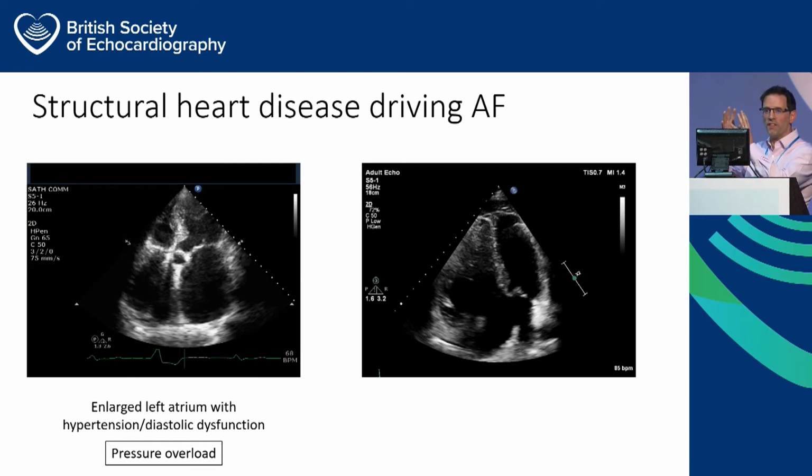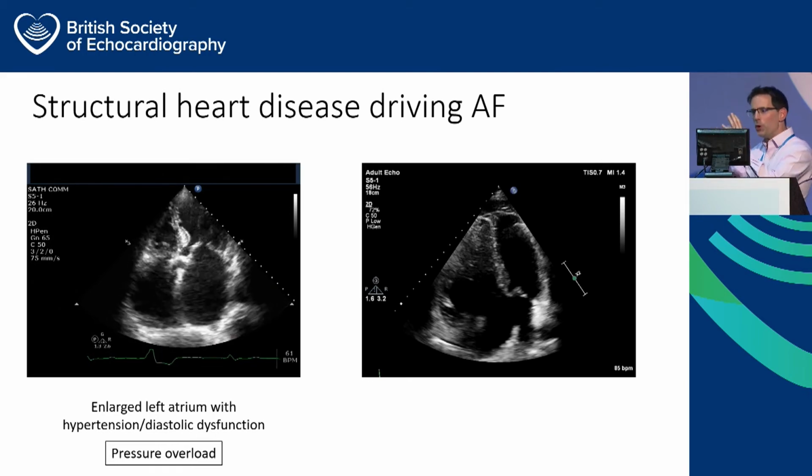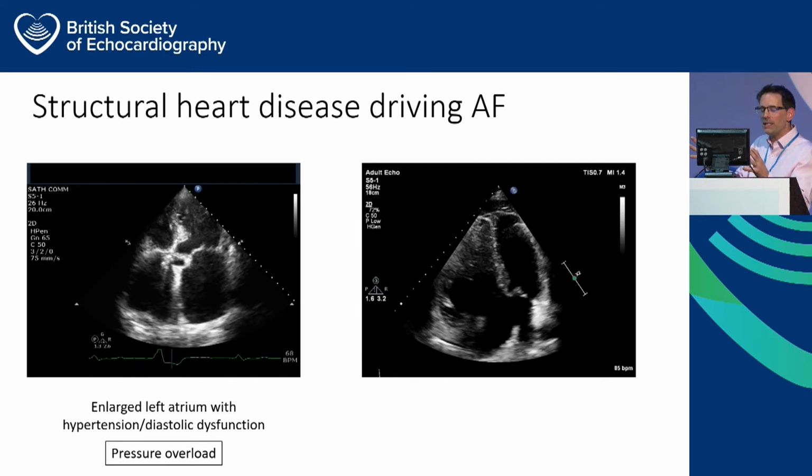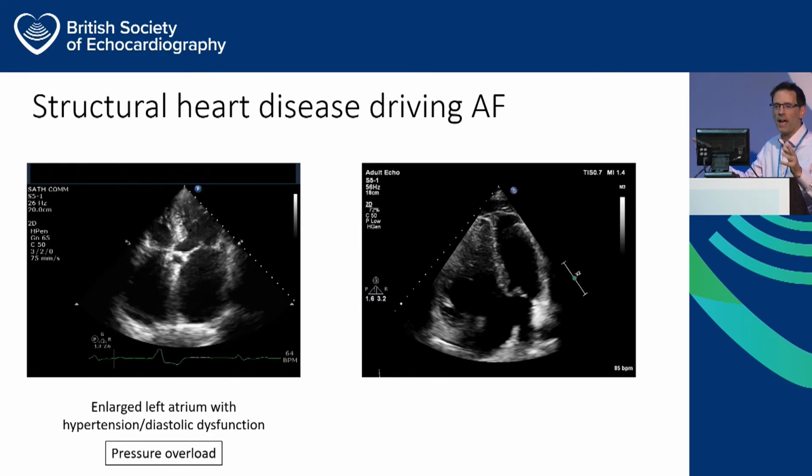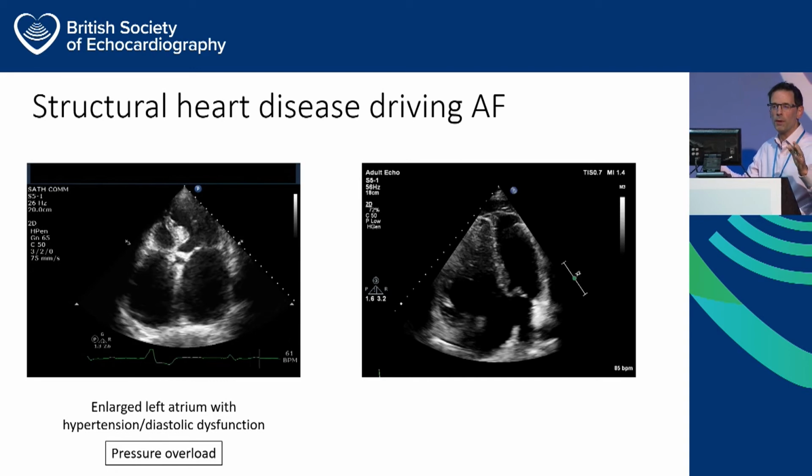So in order for it to fight against that poorly compliant left ventricle and push the blood in, all it can do is get bigger and bigger. And as it gets bigger and bigger, it's like an elastic band. It goes into your atrial fibrillation.